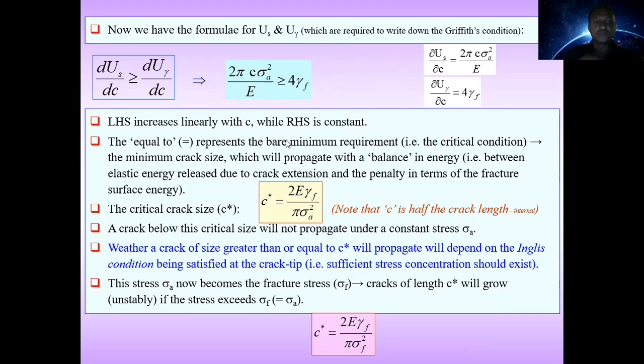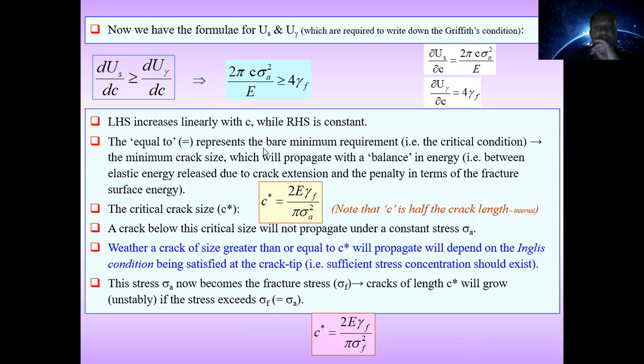From the two, the left hand side increases linearly with c, while the right hand side is constant. As c increases, as the crack length increases, this will increase, and this one is constant.